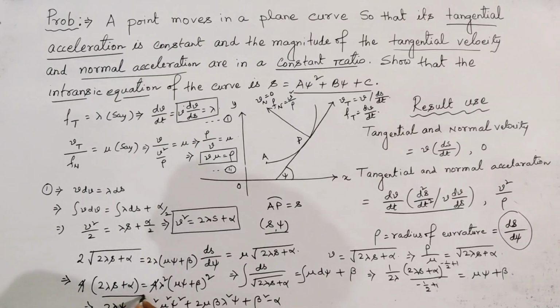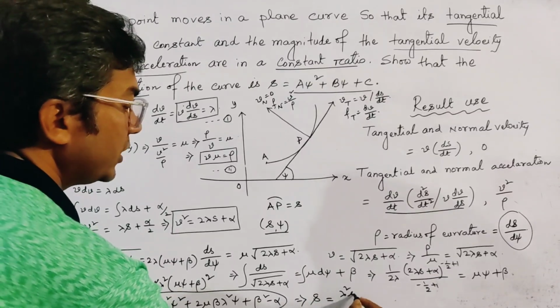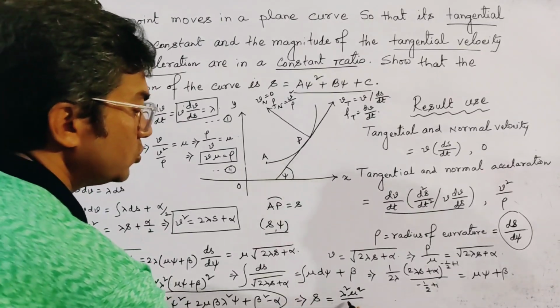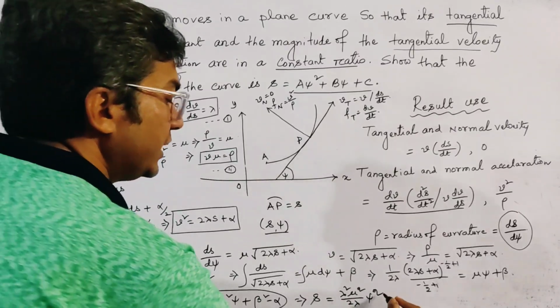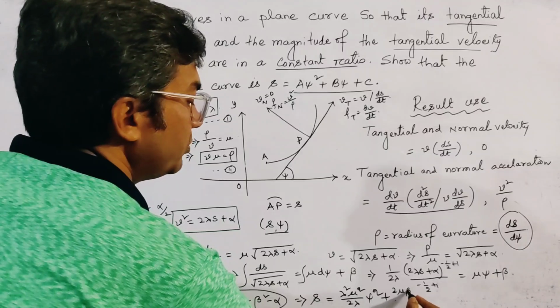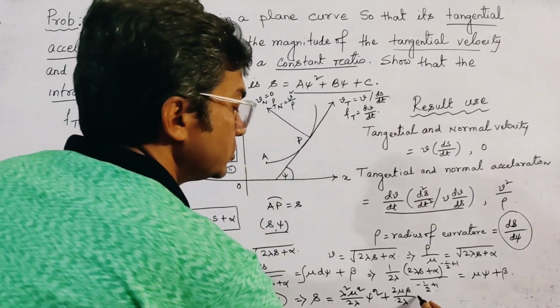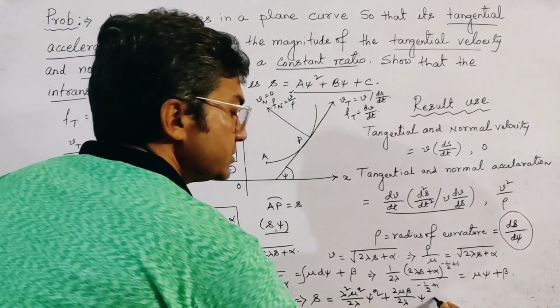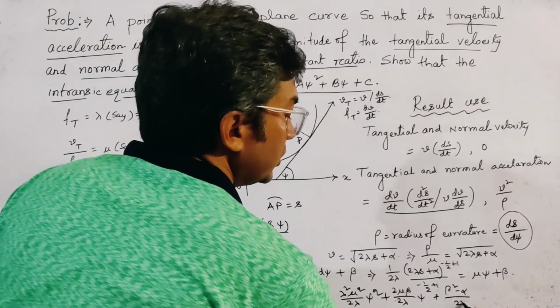Then from this relation we can write the result, sorry, this is not psi, this is s. We get s equals lambda square mu square by 2 lambda into psi square, the second term is 2 mu beta by 2 lambda into psi, and the third term is beta square minus alpha by 2 lambda.